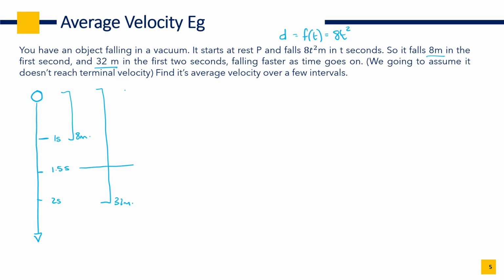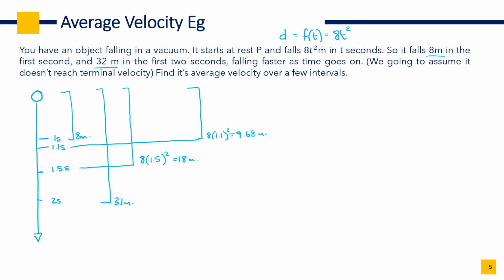So at 1.5 seconds, it's fallen a distance of 8 times 1.5 squared, which is equal to 18 meters. And let's add in 1.1 seconds. So at 1.1 seconds, we have 8 times 1.1 squared, which is equal to 9.68 meters.